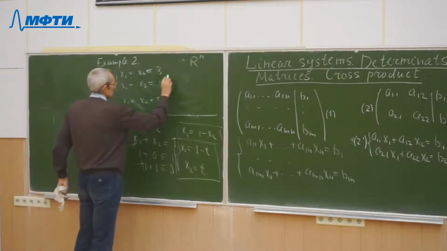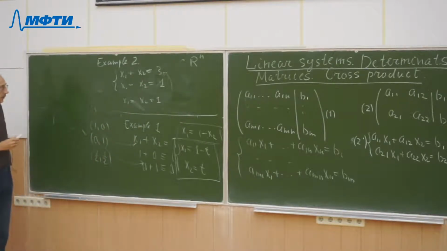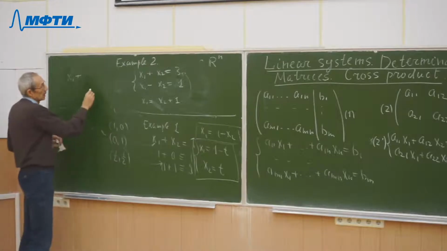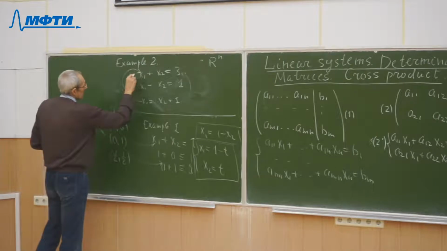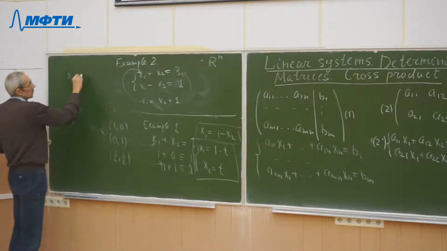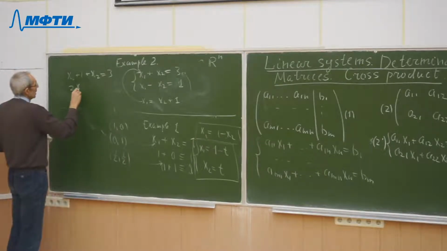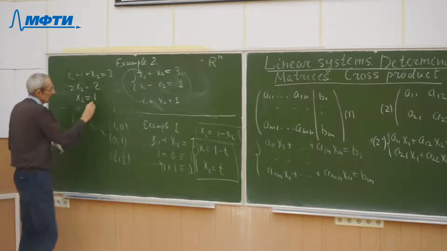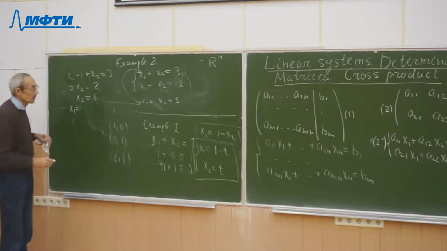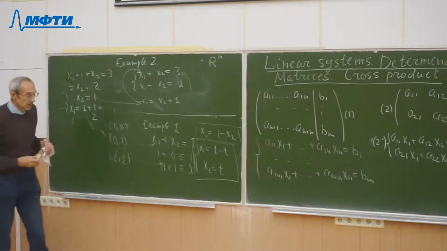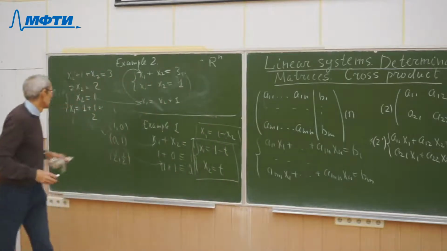We substitute this expression in the first equation, and we obtain x2 plus 1 plus x2 is equal to 3, so 2 times x2 is equal to 2, and x2 is equal to 1. Then x1 is equal to 1 plus 1, which is 2.